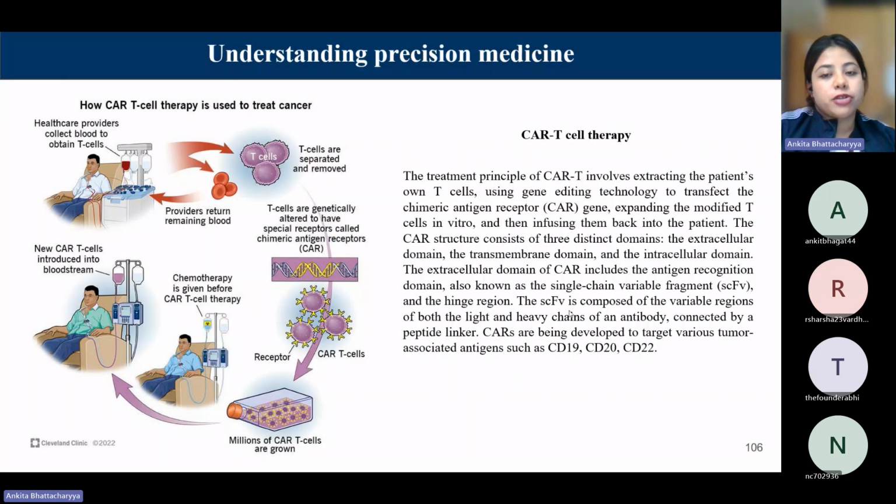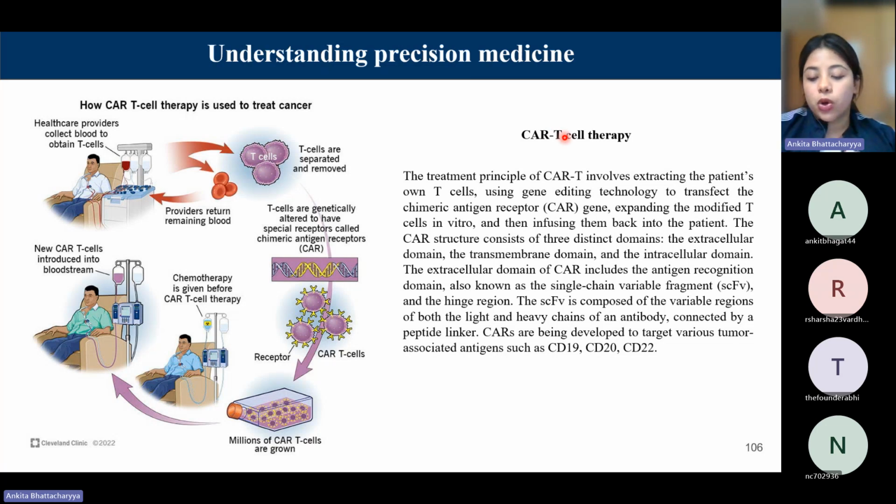One example of precision medicine that I'm going to discuss today is the idea of CAR T cell therapy. Now, please keep in mind that CAR T cell doesn't always have to be considered an example of precision medicine. The reason I'm explaining that is because the initial idea of CAR T cells was to make it very personalized, very individual specific.